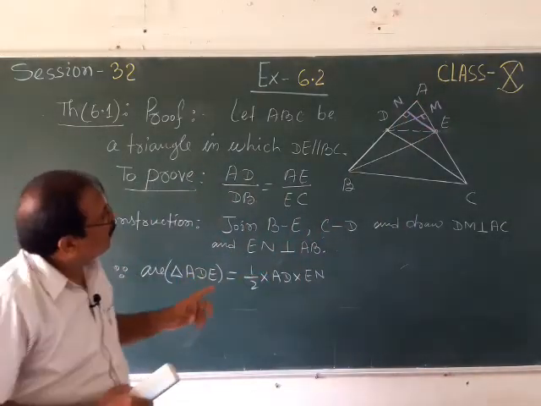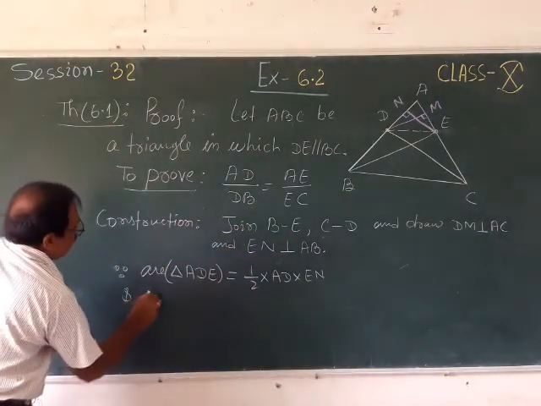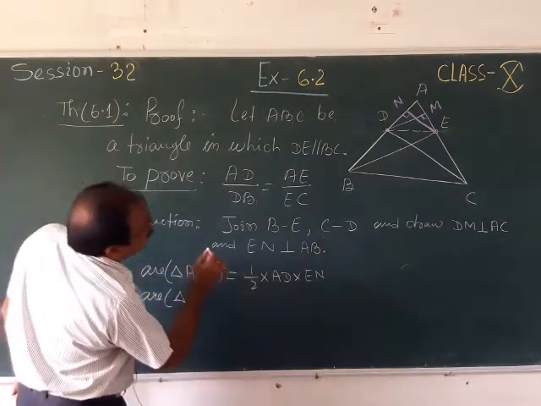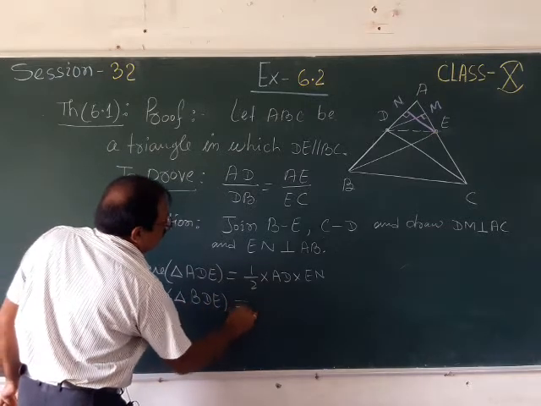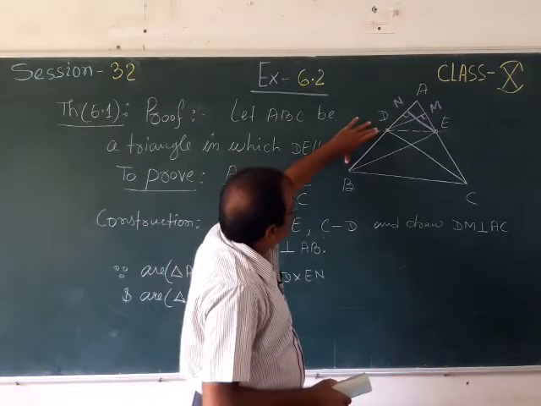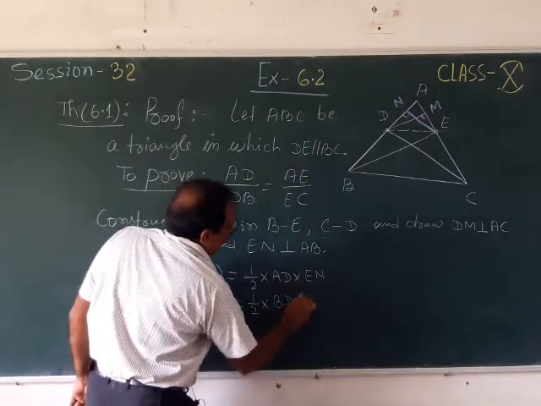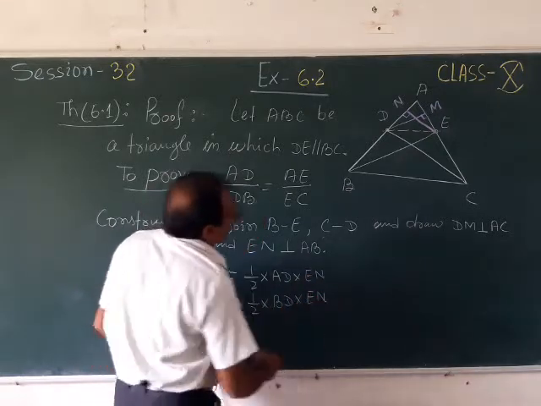Then area of triangle BDE will be half into base BD, and your height is EN itself.